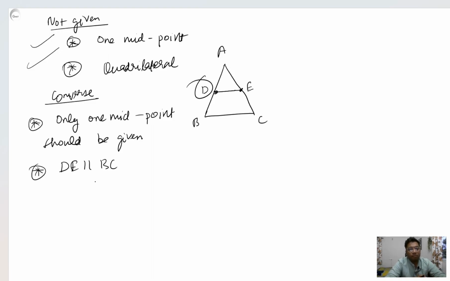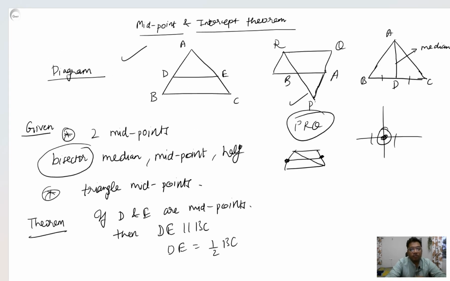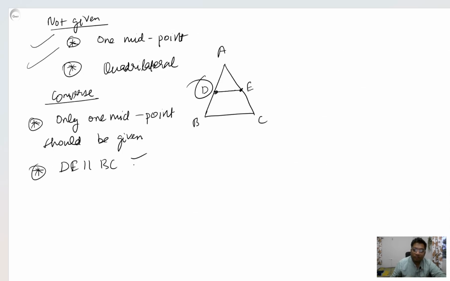If you remember the midpoint theorem, this was a result: DE is equal to half of BC was a result. In the converse of midpoint theorem, DE is parallel to BC is given. That means one midpoint and the parallel line. As a result, what happens? So what is the converse of midpoint theorem? As a result, E becomes the midpoint.